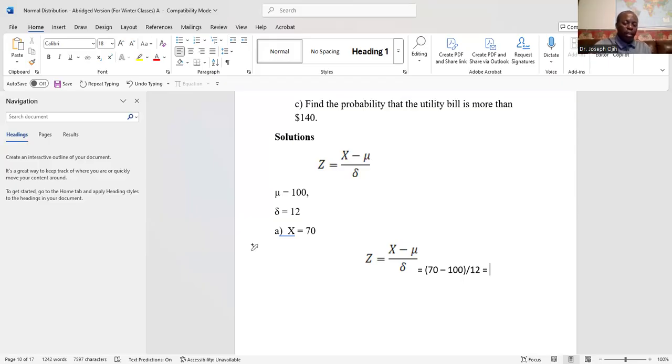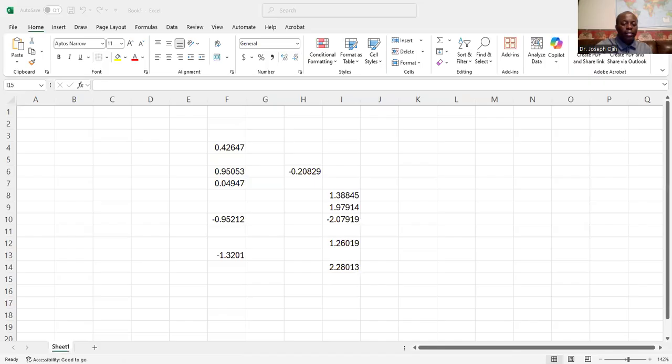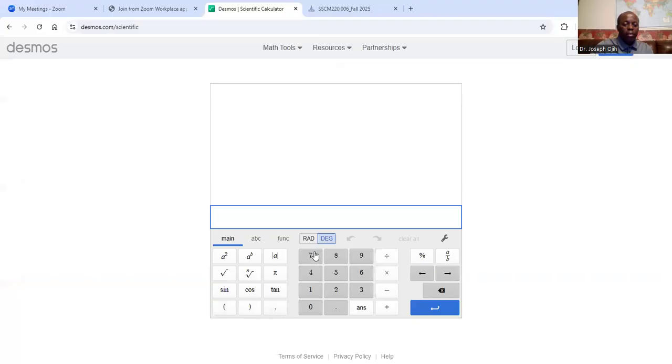You can get a calculator to help us do this. I can even do it in Excel. We've got a calculator right here, Desmos. So we've got 70 minus 100 divided by 12.